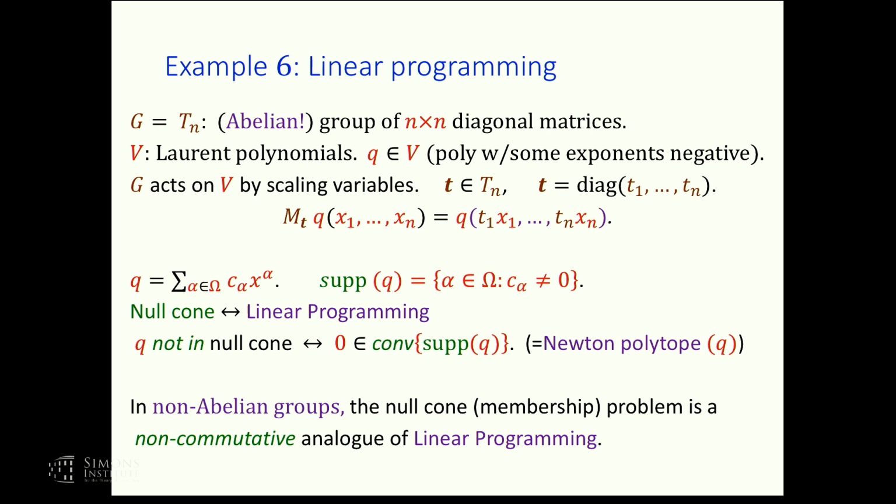But never mind that. You see that this object is not in the null cone exactly if a linear programming problem, or membership problem in a polytope, is answered yes. So it's a very natural way in which linear programming arises from a very simple group action on polynomials.